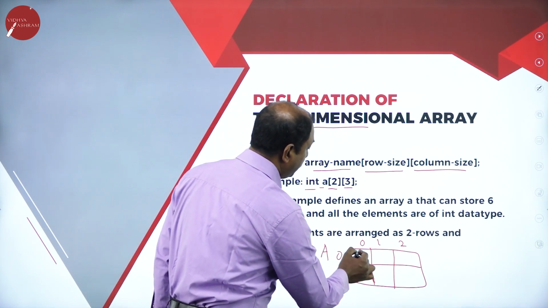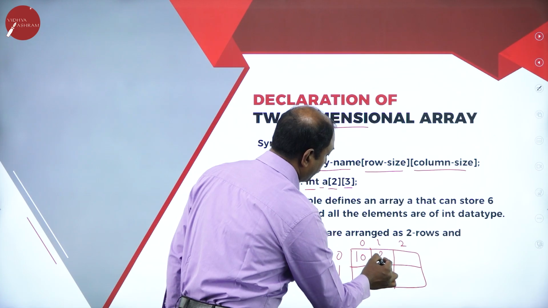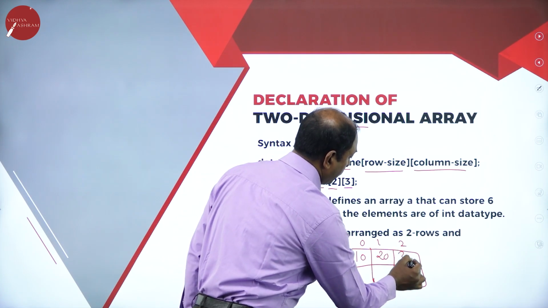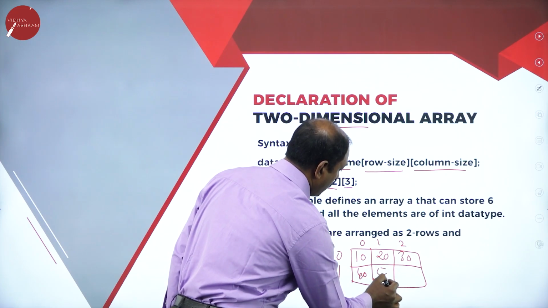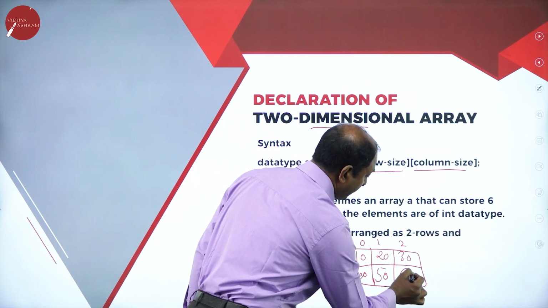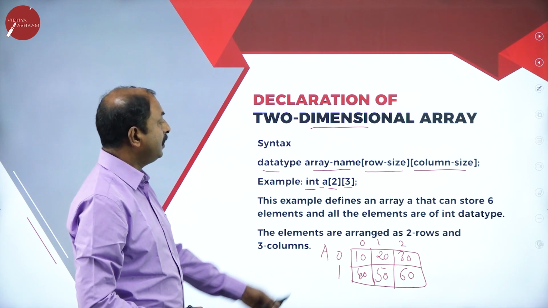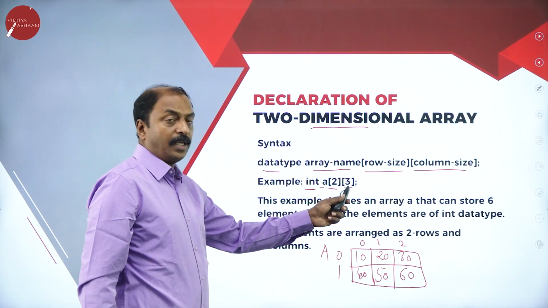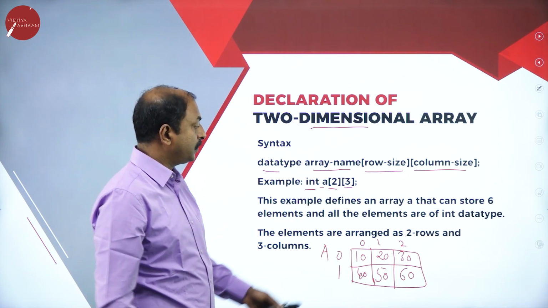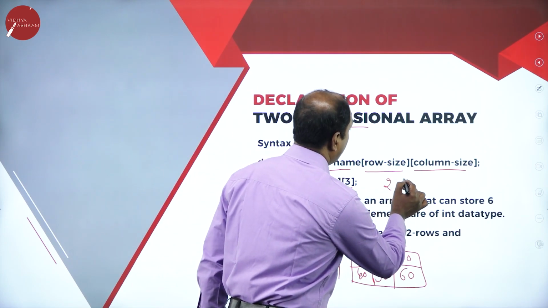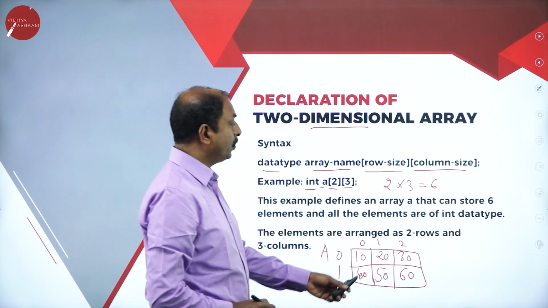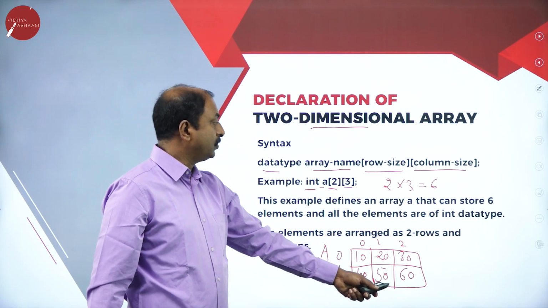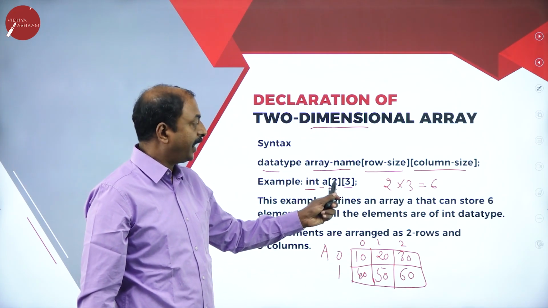And suppose the elements are, for example, 10, 20, 30, 40, 50, and 60. So in this example, A[2][3] means 2 rows and 3 columns. So this is 2 into 3 equals 6. So we can store 6 values in this two-dimensional array.